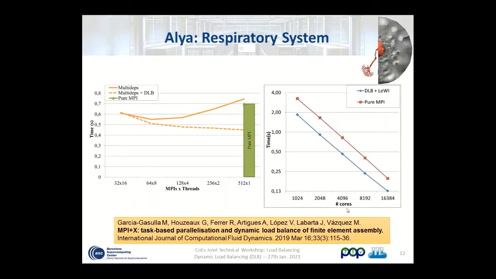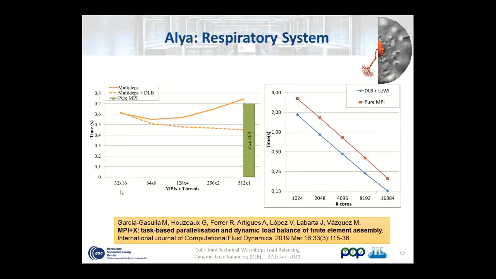And these were some of the results that we obtained with DLB. The original execution with pure MPI had this performance. The straight line is the hybrid version, which was not very good. That's why it's not usually used. They usually use the pure MPI one.